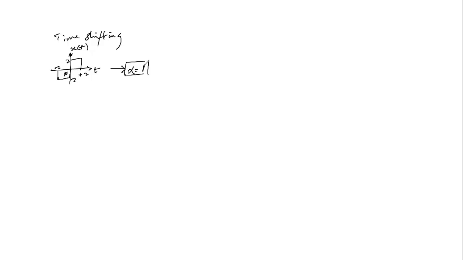Then we have this output y of t being the same as s of t plus 1, that is, plus alpha, because y of t is the same as s of t plus alpha, and alpha is +1.